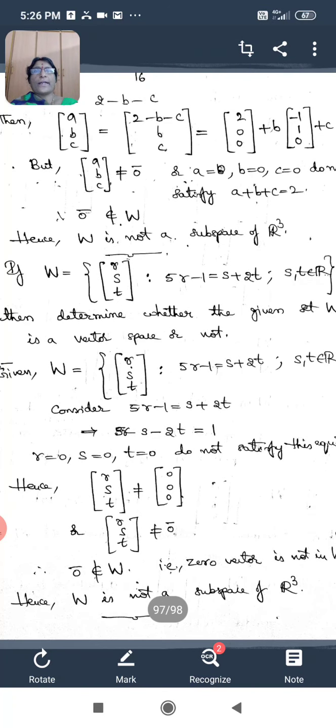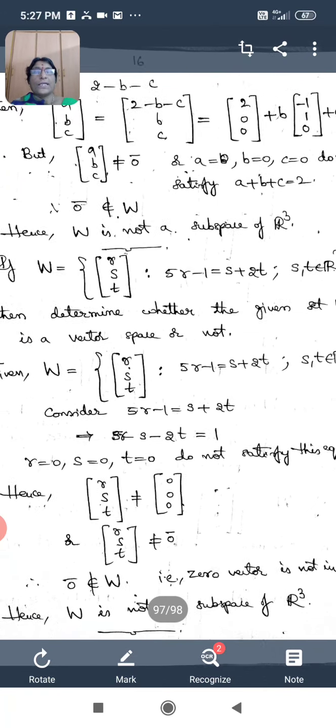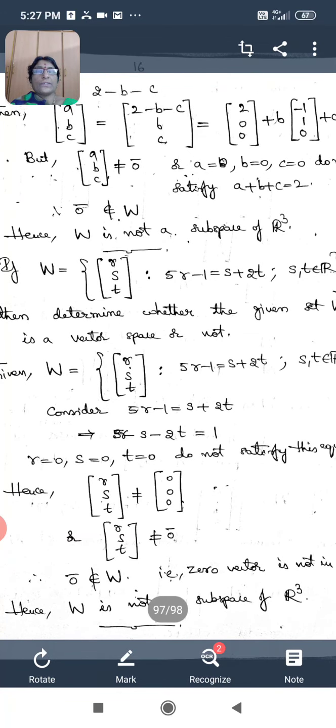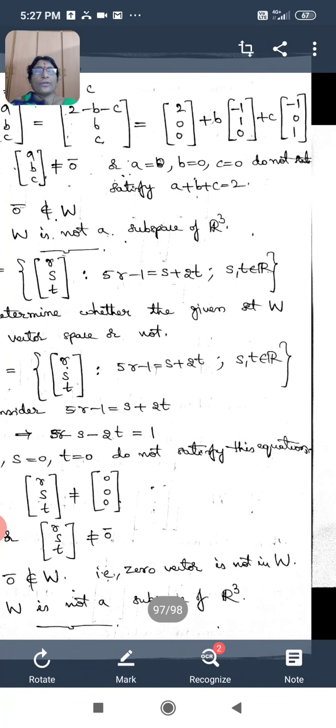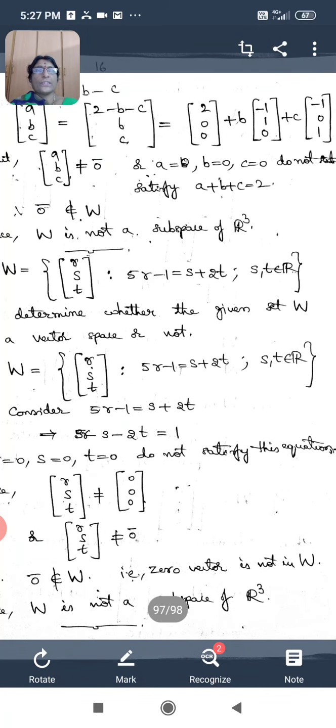First of all, write the set given to us: W is the set of column vectors (R, S, T) such that 5R - 1 = S + 2T, and it is mentioned that R, S, T belong to R.